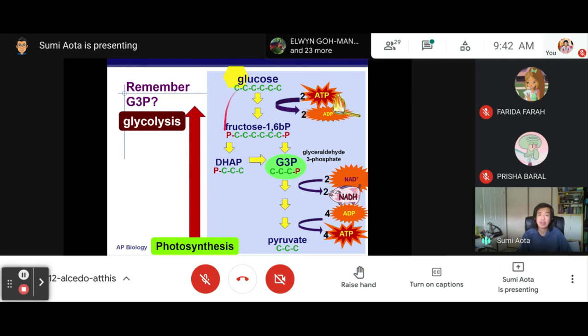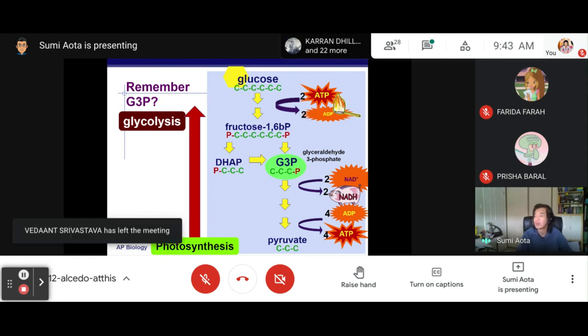So we're running the first half of glycolysis backwards effectively. In general, that's what we're doing. It's not the exact same chemical steps run backwards, but from the point of view of making glucose, that's what we're basically doing.